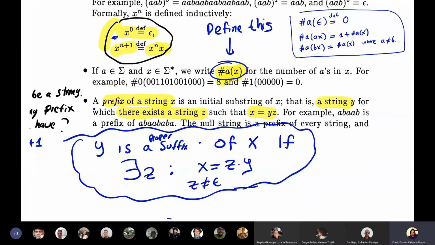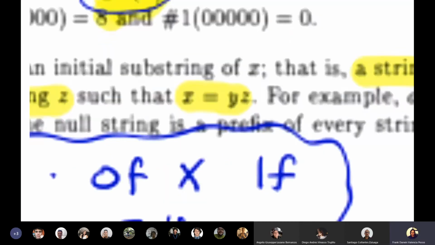So the notion of prefix. A prefix of string X is an initial segment of the string X. So basically a string Y, for example, if the string is of the form YZ, then Y is a prefix of X. Okay?